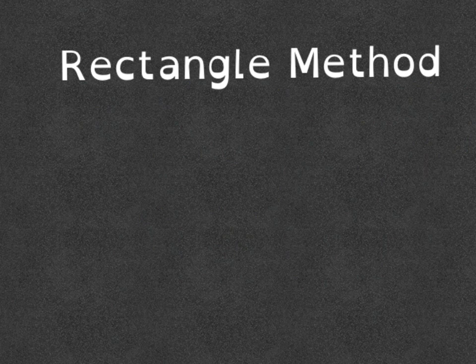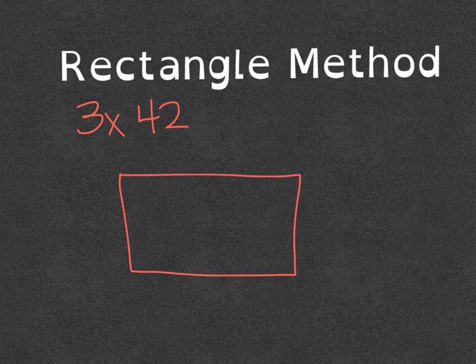Let's try using the rectangle method and the distributive property one more time. Let's use the example 3 times 42. To use the rectangle method, I'm going to draw a rectangle and distribute the number 42 into 40 plus 2. Then I'm going to pull my factor 3 to the side.